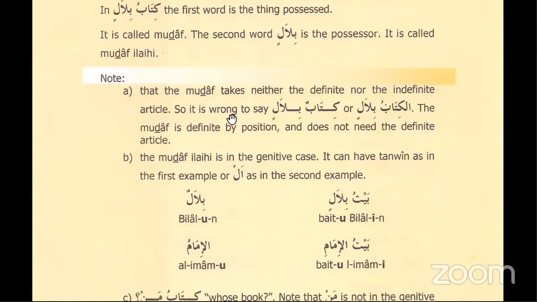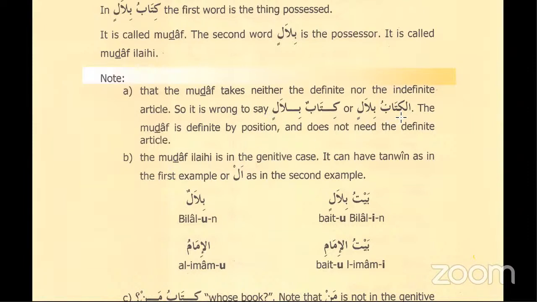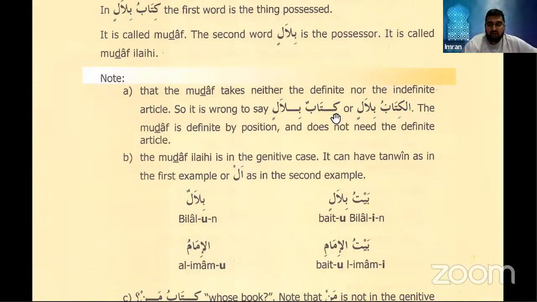Where should I start now? So it is wrong to say Kitabun Bilali or Al-Kitabu Bilalin. Okay, mudaf is definite by position and does not need the definite article. So we cannot add Alif Lam on the mudaf, neither can we add dhamma tanween, Kitabun.